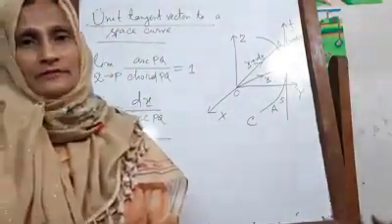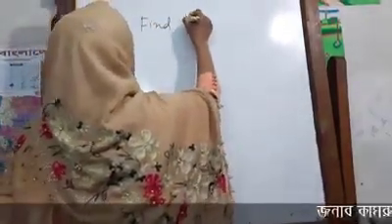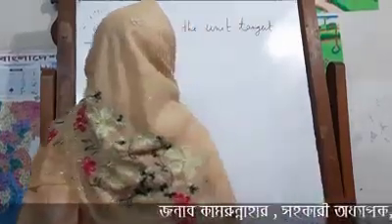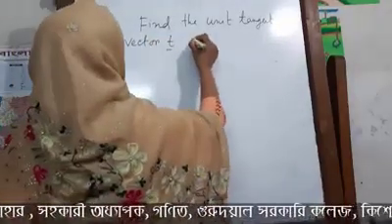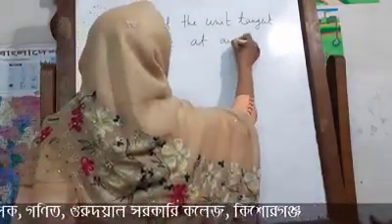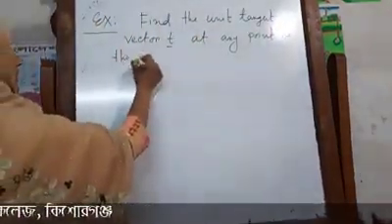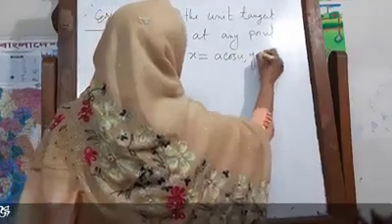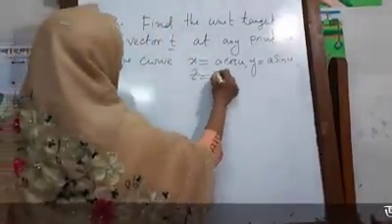Now, I will solve a problem. Exercise. Find the unit tangent vector T at any point to the curve x is equal to a cos u, y is equal to a sin u, and z is equal to bu.